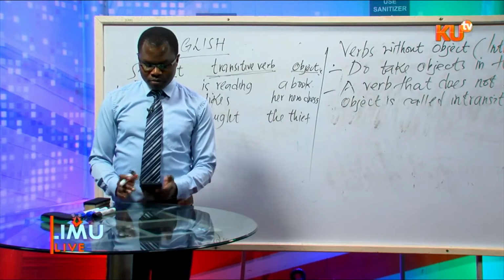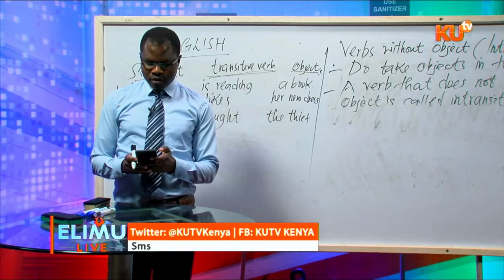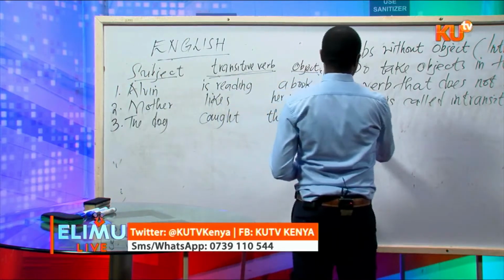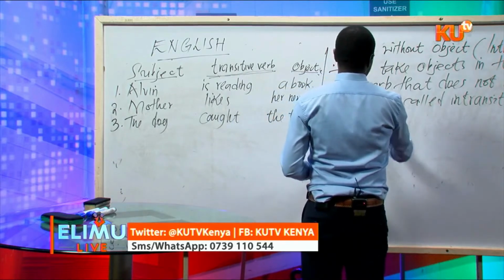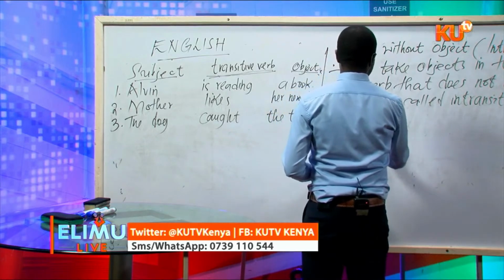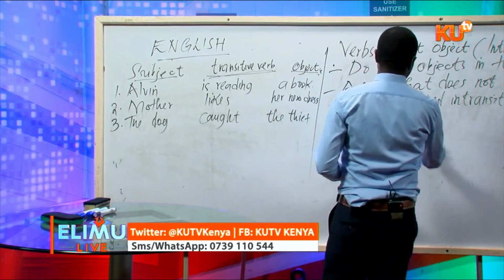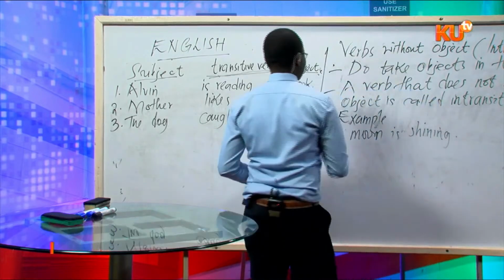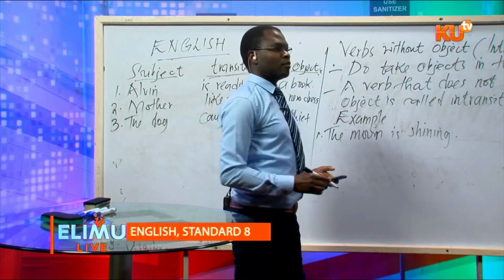An example: the moon is shining. This is an example of intransitive verb.